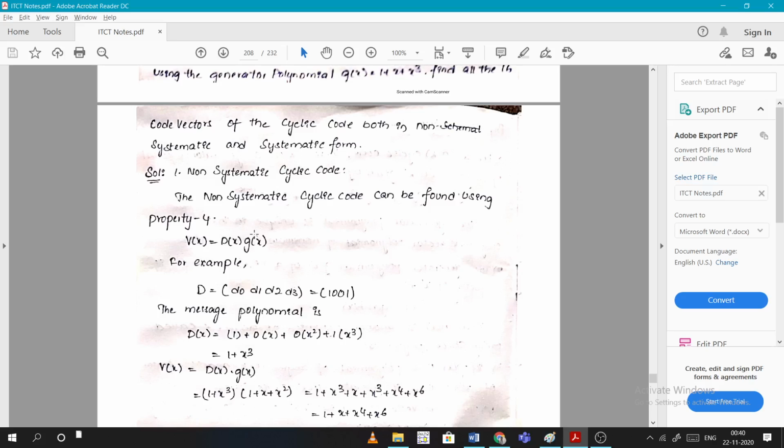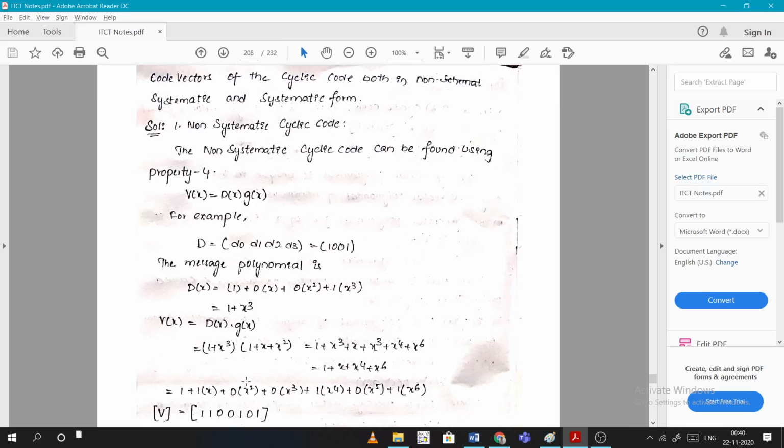When you write it in polynomial form, x power 0 coefficient is 1, so 1 plus 0 into x plus 0 into x square plus 1 into x cube. These are the coefficients of x power 0, 1, 2, 3. The 0 terms will not be there, so the remaining polynomial is 1 plus x cube only.